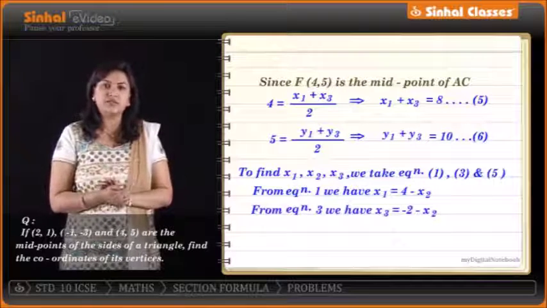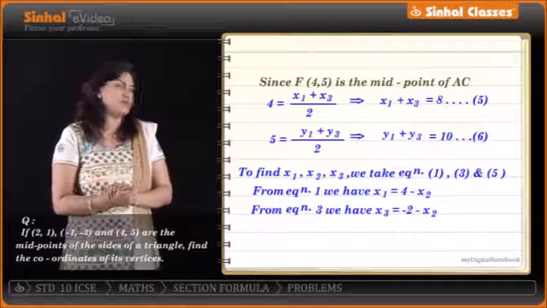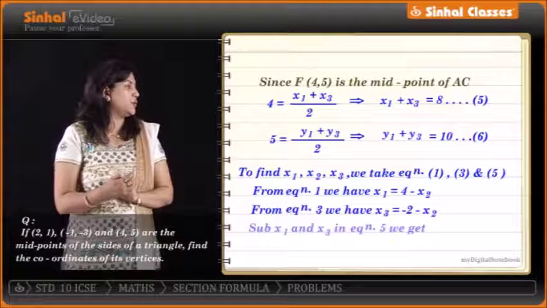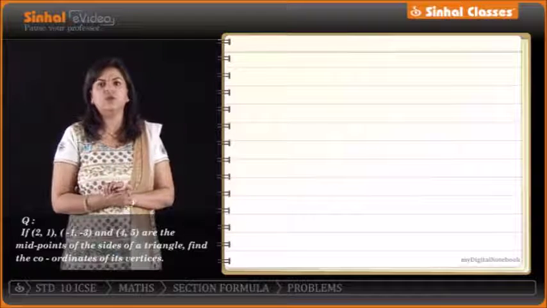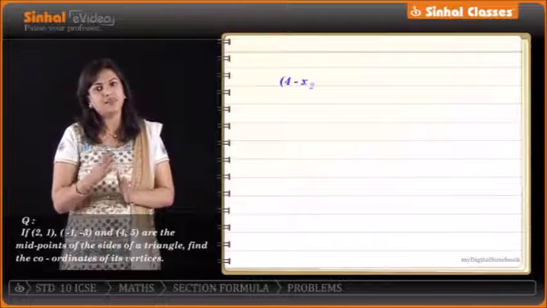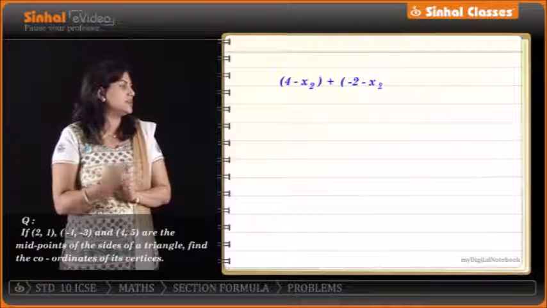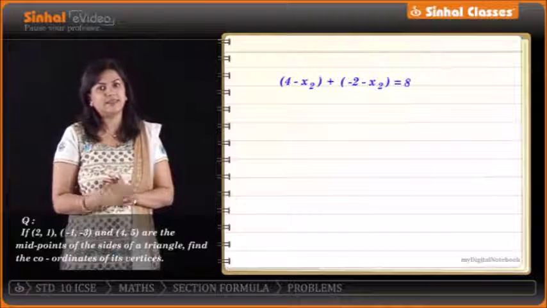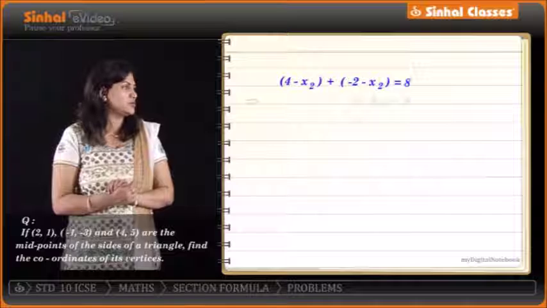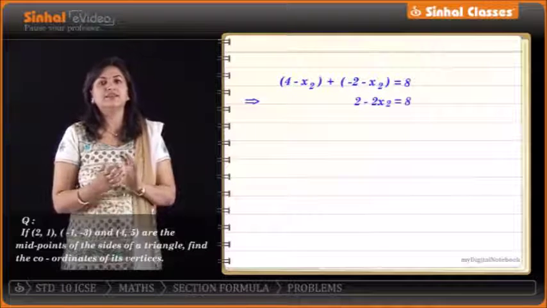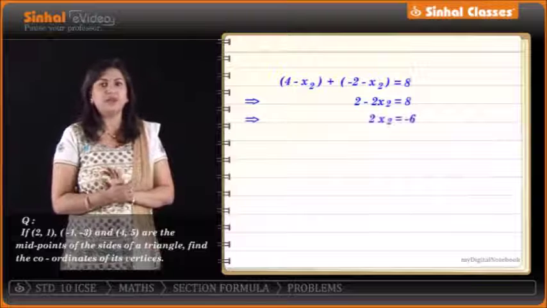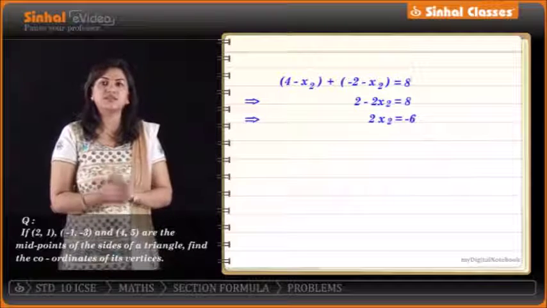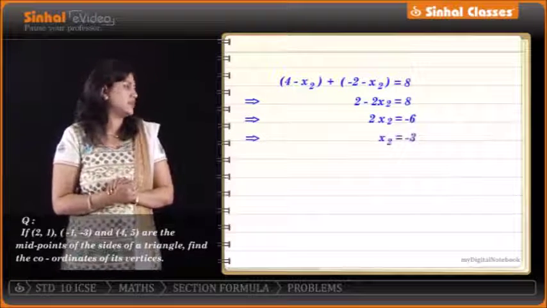Now we substitute these values of x1 and x3 in equation 5. We get 4 minus x2 plus minus 2 minus x2 is equal to 8. That is 2 minus 2x2 is equal to 8. Simplify this to get 2x2 is equal to minus 6. So x2 is equal to minus 3.